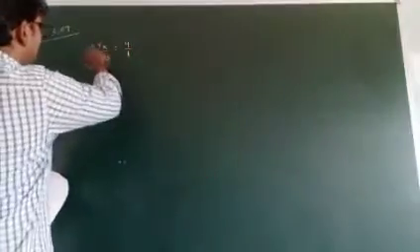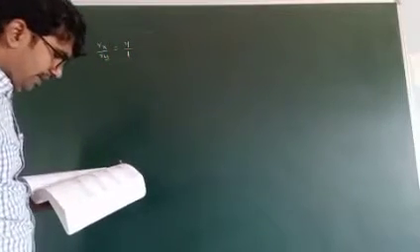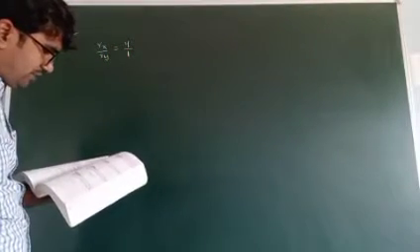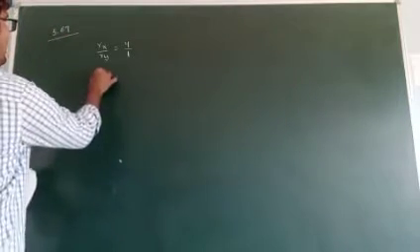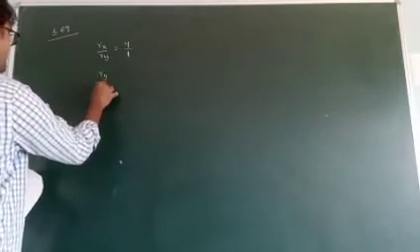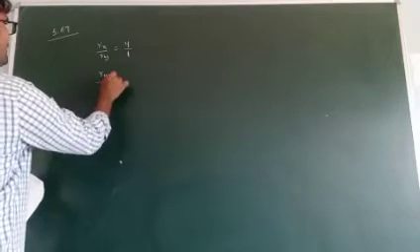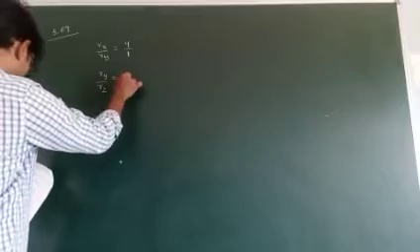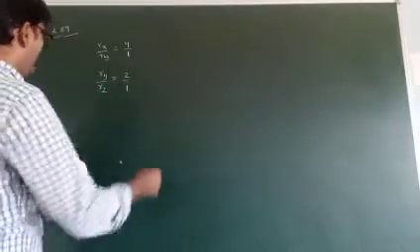And Y in turn diffuses twice as fast as another gas Z, which means Ry by Rz is equal to 2 by 1. Okay, these two pieces of information are given.